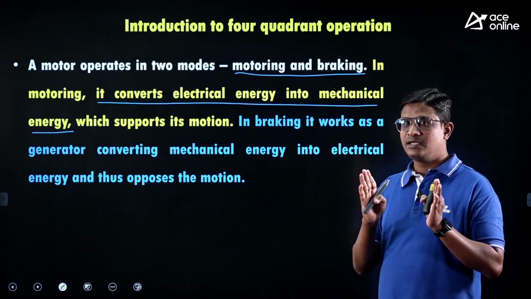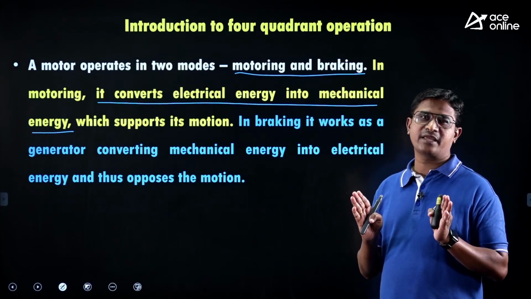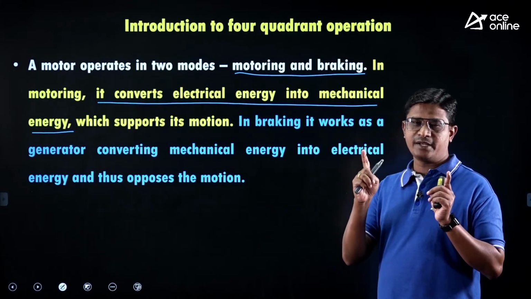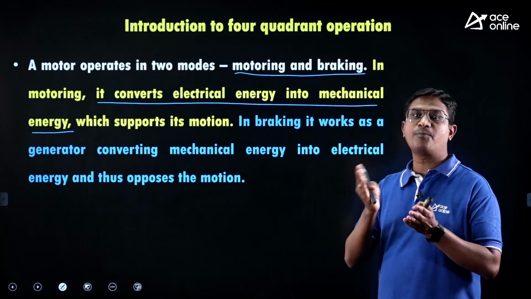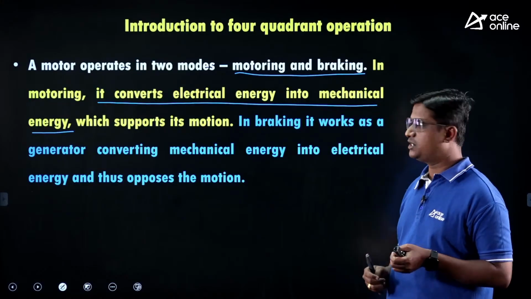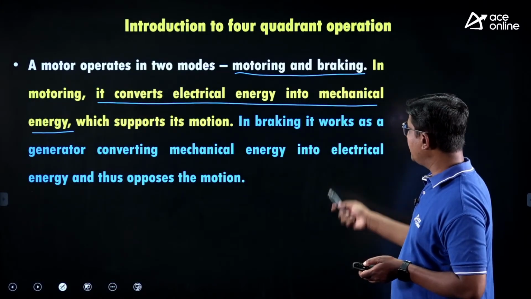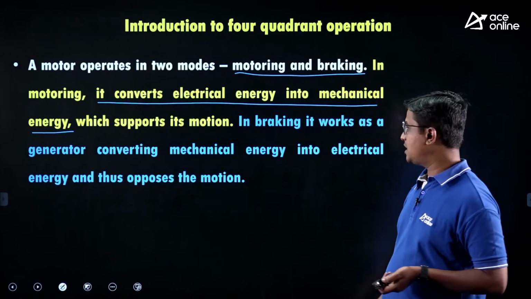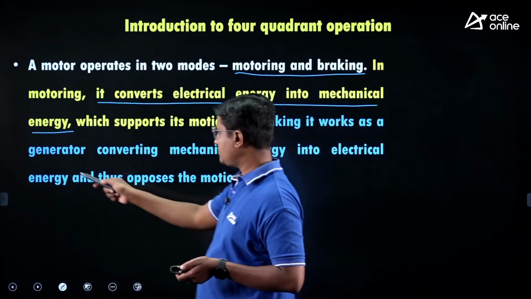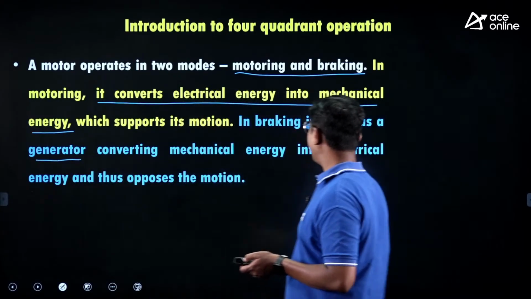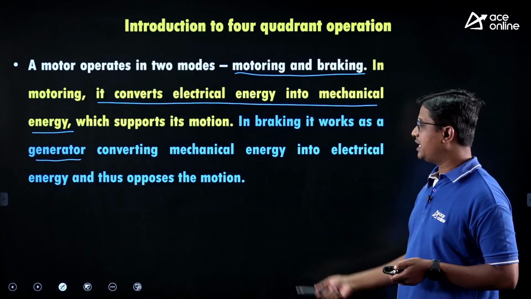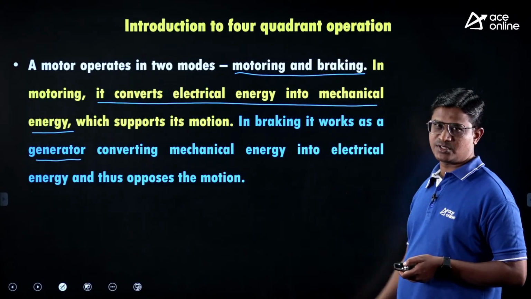Whereas in a braking operation, motor speed and motor torque are in opposite directions. In braking it works as a generator, converting mechanical energy into electrical energy and thus opposes the motion.